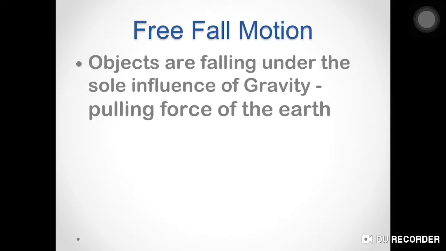So we have one more, the free-falling motion. As I have mentioned a while back, free-fall motion refers to objects falling under the sole influence of gravity. So it is just the pulling force of the earth.